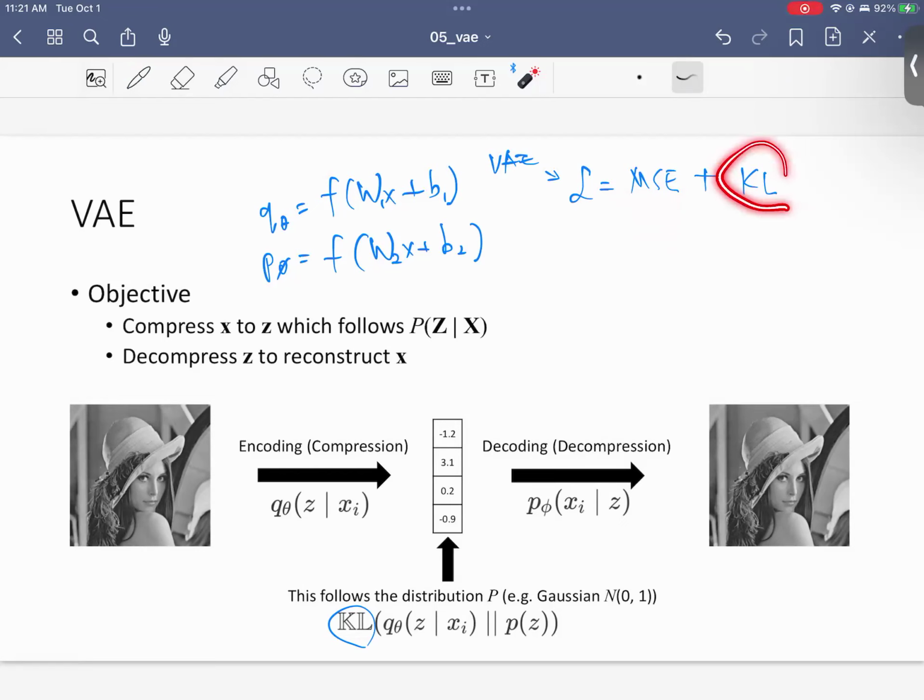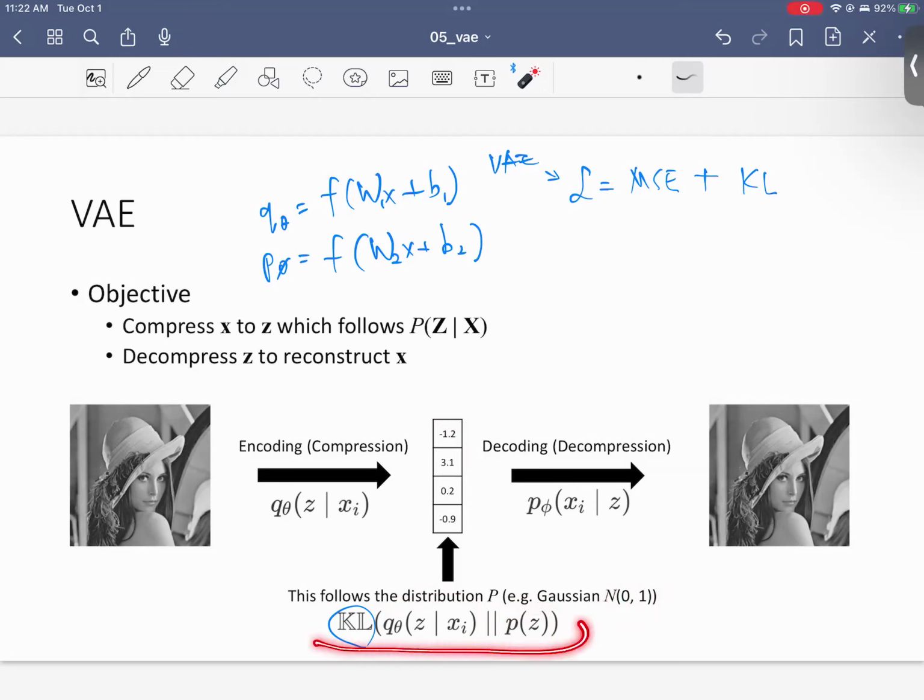We have one more regularization term, which is to regularize the shape of the latent space. So we use KL divergence between the output of your encoder and a prior, which is usually a standard Gaussian distribution with zero mean and standard deviation of 1. That is what we typically use as a prior distribution.